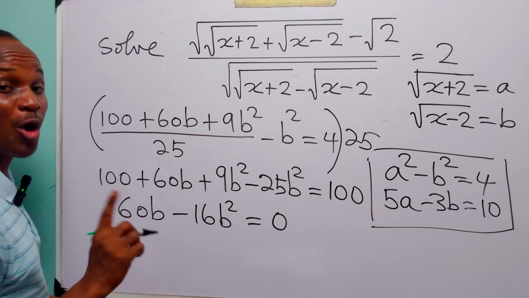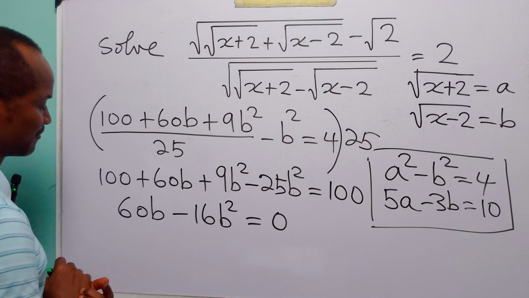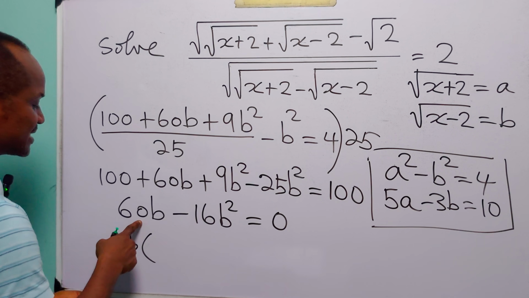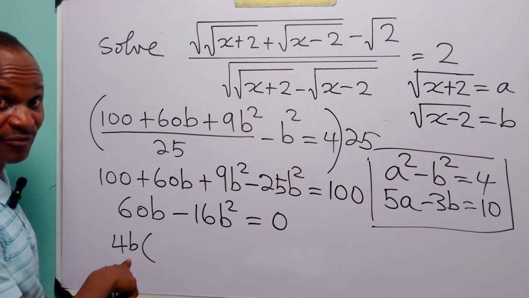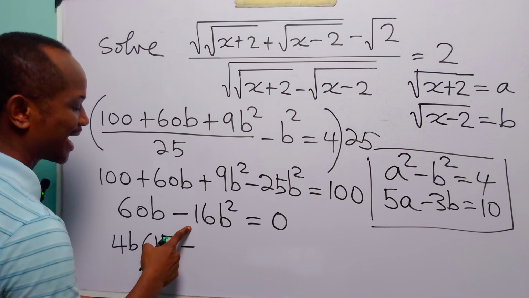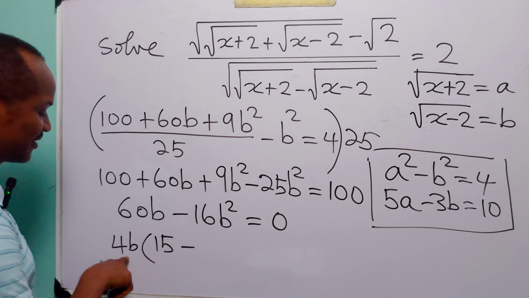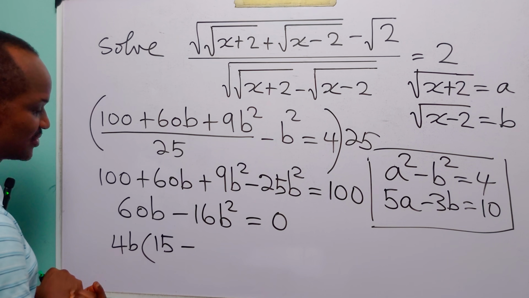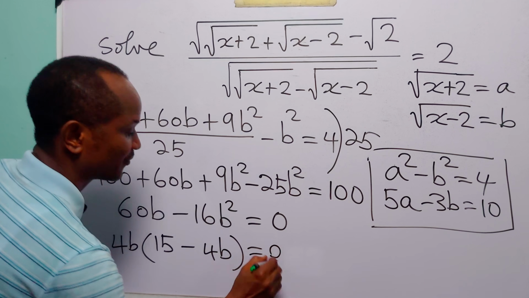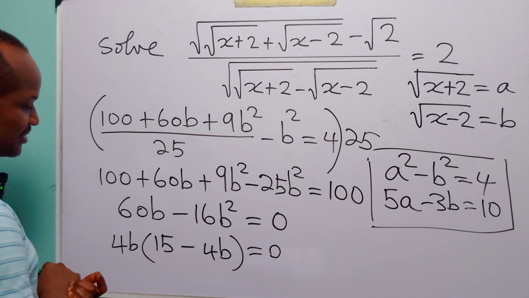These two terms have a common factor, which is 4b. So we have 4b into 60b divided by 4b is going to give us 15. And minus 16b squared divided by 4b is going to give us minus 4b. And of course, this is equal to 0.